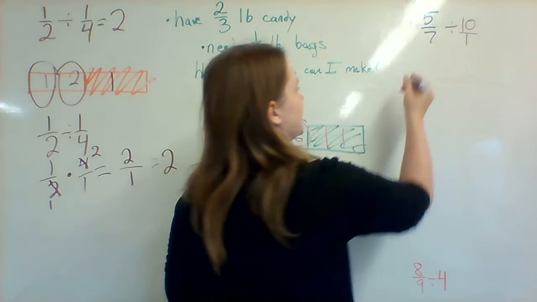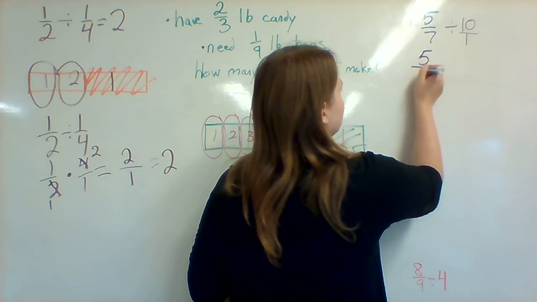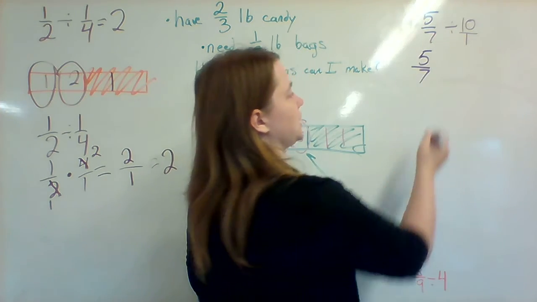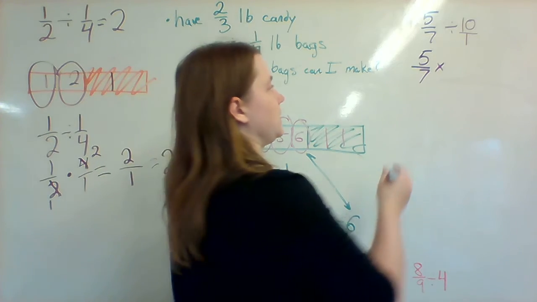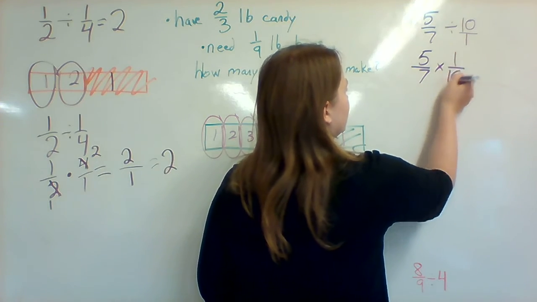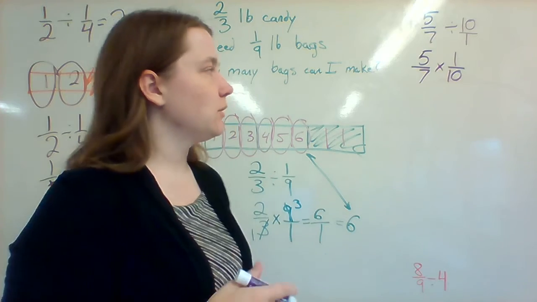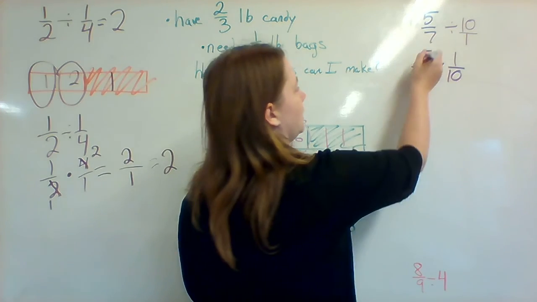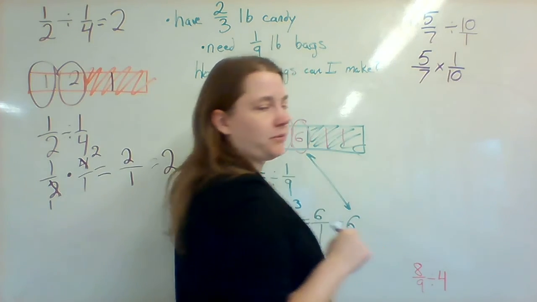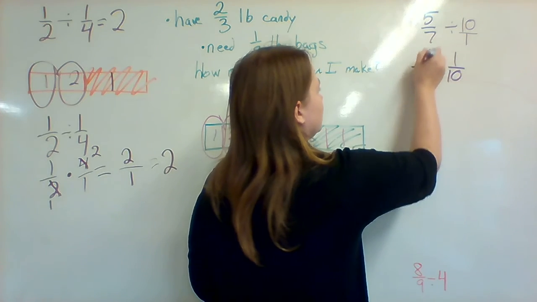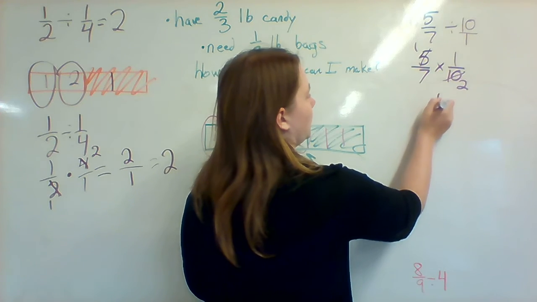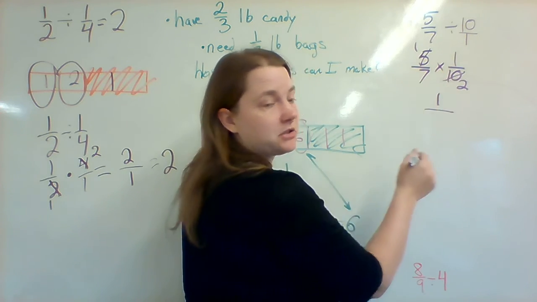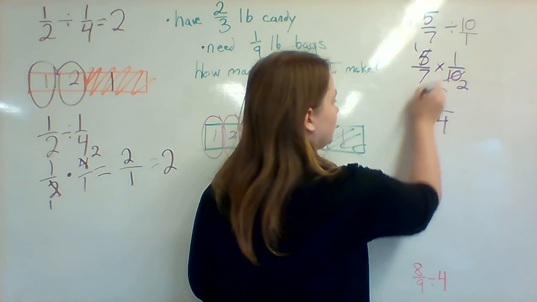So 5 over 7 stays the same. The division sign changes to a multiplication, and that 10 over 1 is going to change to 1 over 10. Now I can do a little bit of simplifying here, because 5 and 10 can both be divided by 5. And now I'm left with 1 over 7 times 2, which is 14.